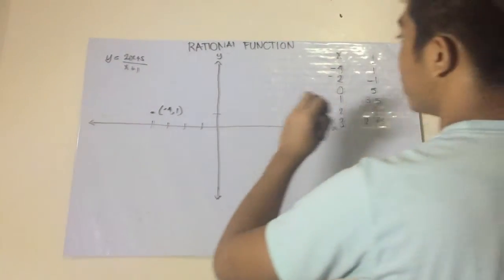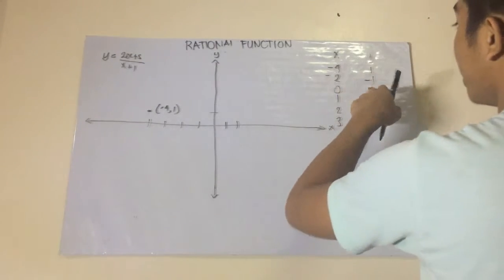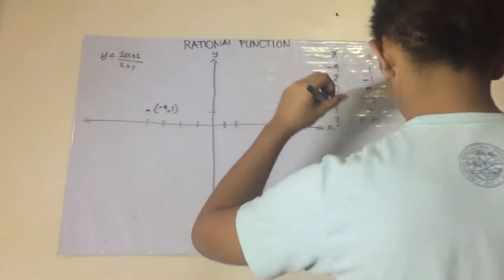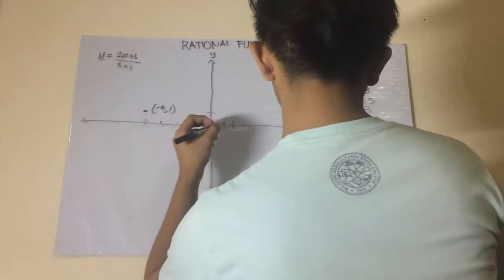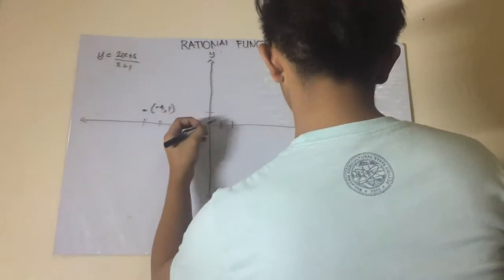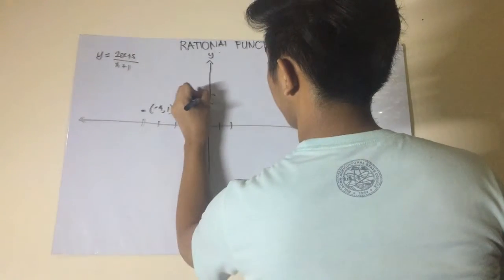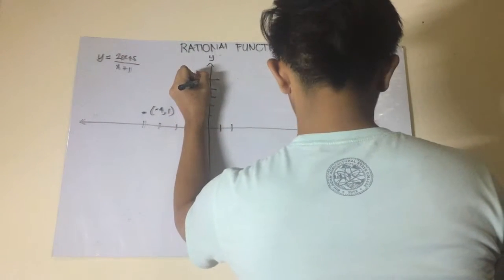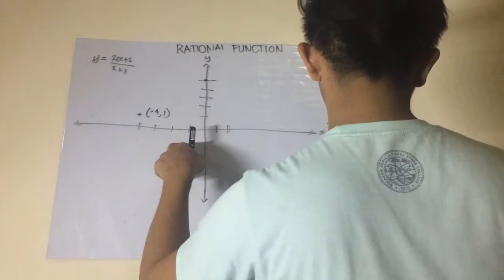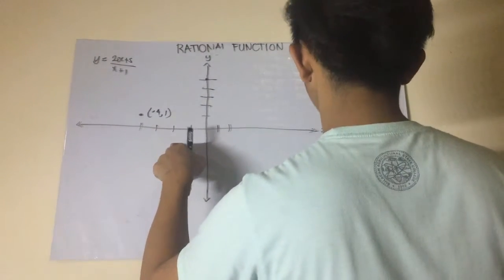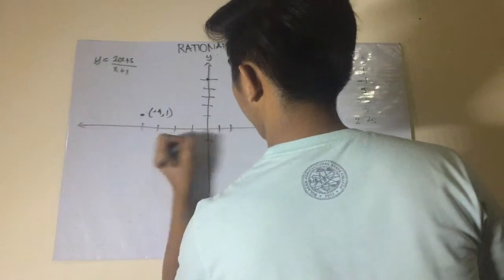Then, negative 2 sa x. Then, negative 1 sa y. Then, 0 and 5. Negative 2 and negative 1.